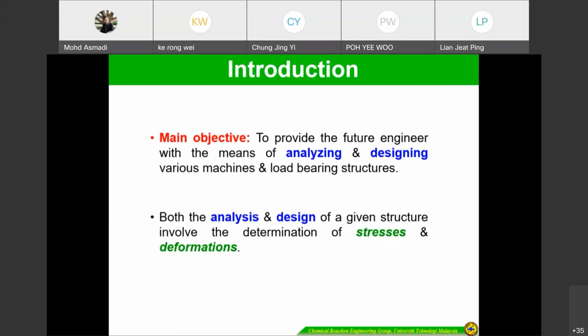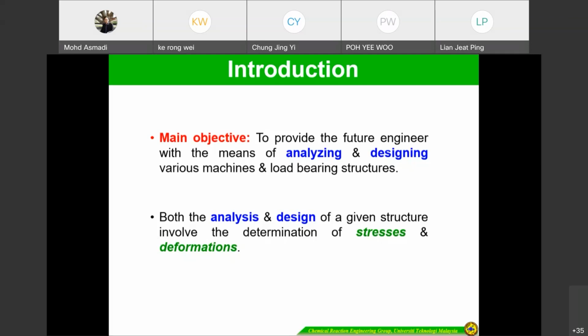In chapter 3 you are also going to learn about torsion, this twist. You can find all these things next to you, or when you ride a car. Both the analysis and design of a given structure involve the determination of stress and deformations.